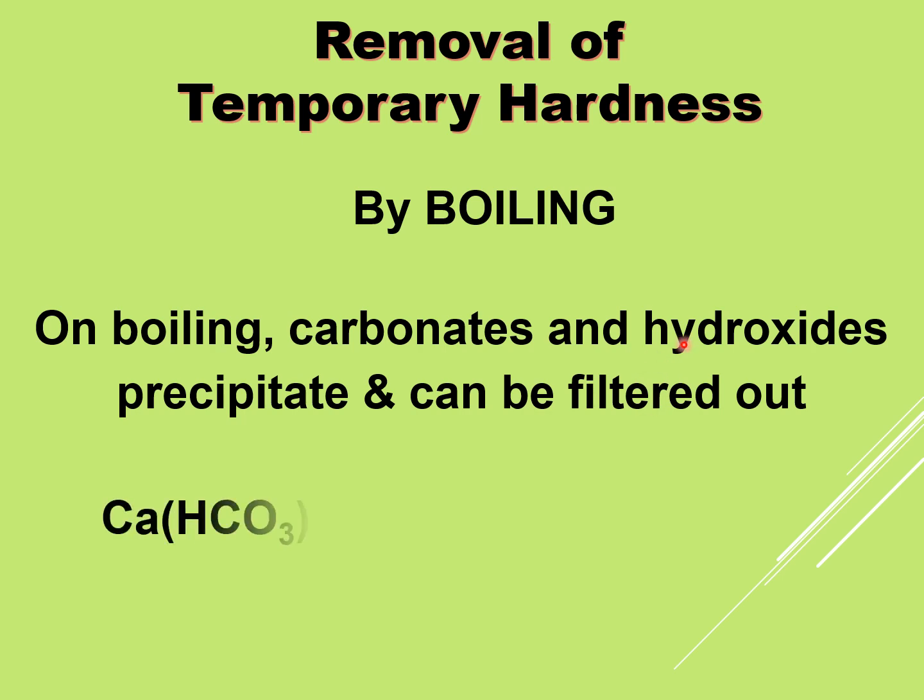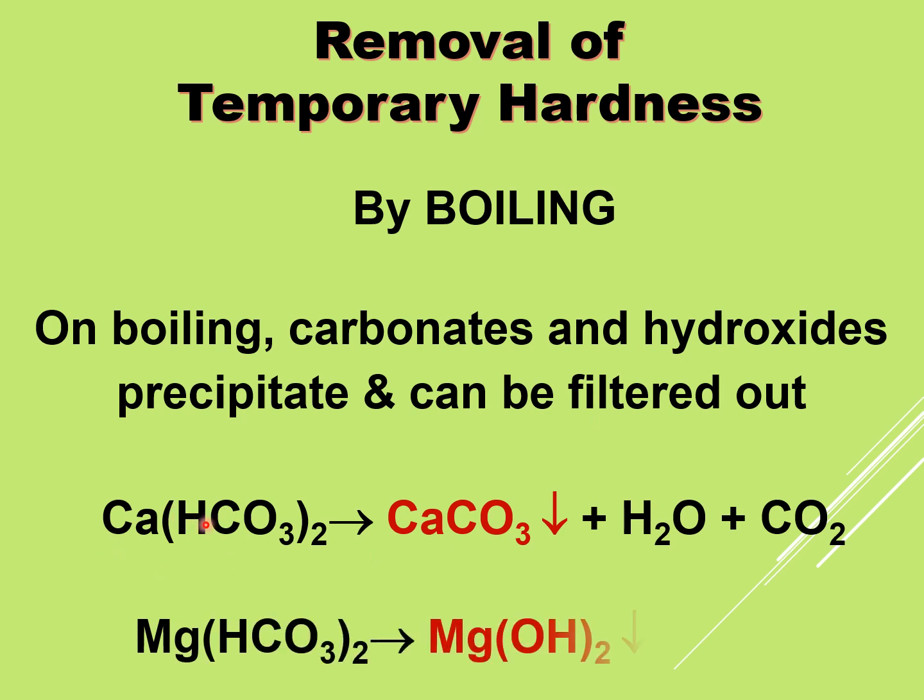For example, if you take a water sample containing calcium bicarbonate and boil it, calcium carbonate will precipitate out. You can filter it out. Similarly, temporary hardness is caused due to bicarbonate ions, so if magnesium bicarbonate is present, it will precipitate out as magnesium hydroxide and we can filter and remove that.